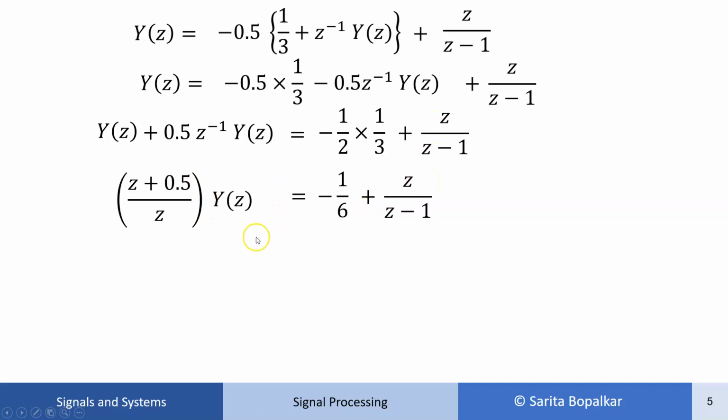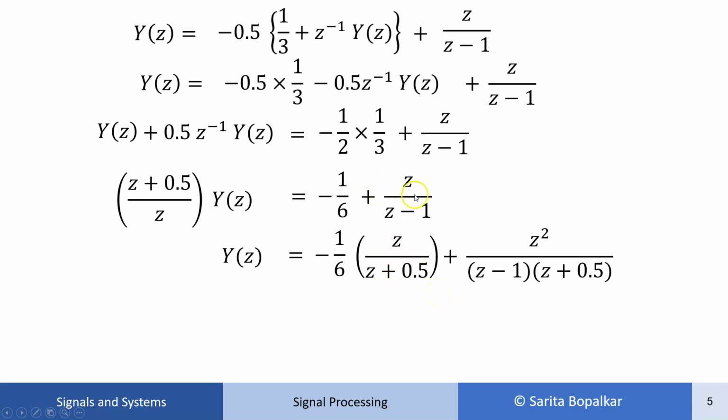Now we want to find y of n, the response of the discrete time LTI system. So this coefficient we will take to the RHS. So y of z is equal to 1 by 6 into this one, that is z upon z plus 0.5, plus z upon z minus 1 into z upon z plus 0.5, which is z square upon z minus 1 into z plus 0.5.